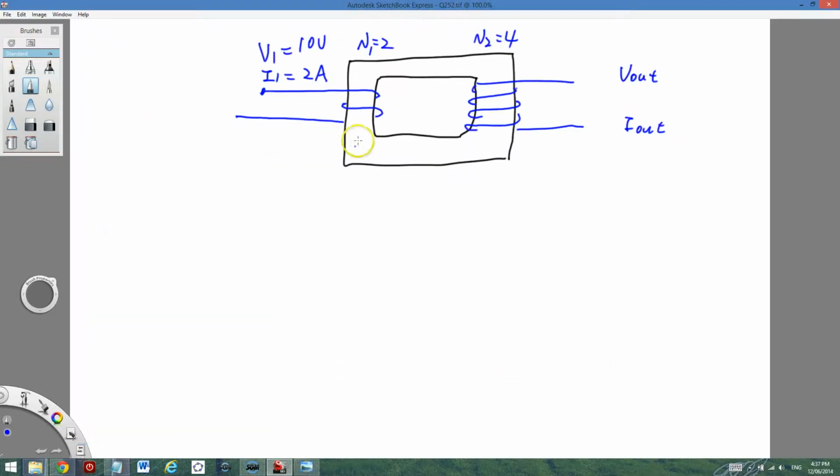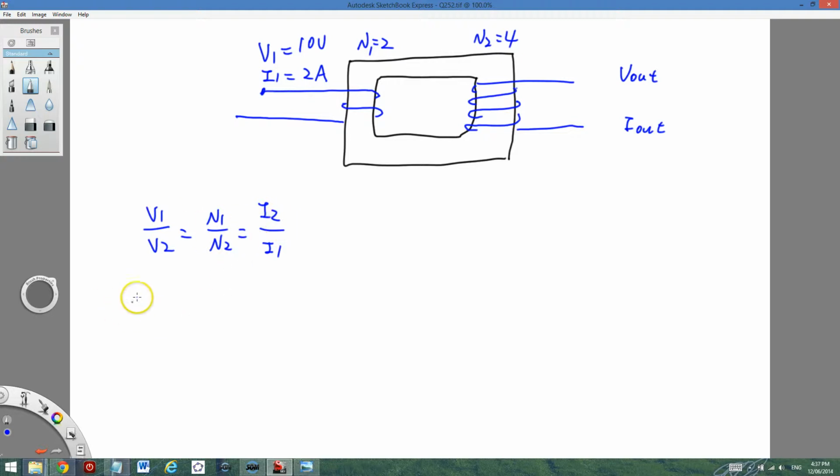So what we can do now is use the equation V1 on V2 equals N1 on N2 equals I2 on I1. Just remember the current swaps, the rest is the same.